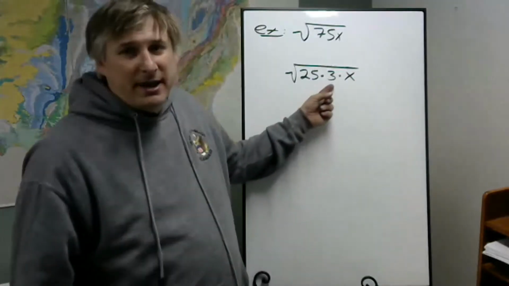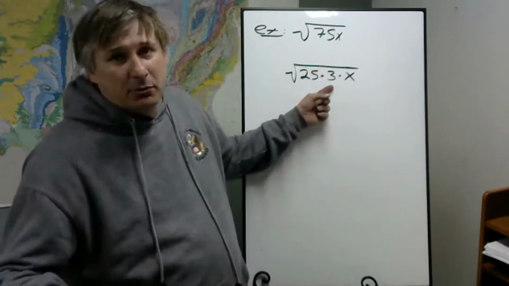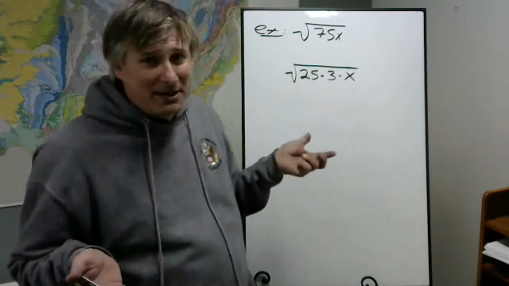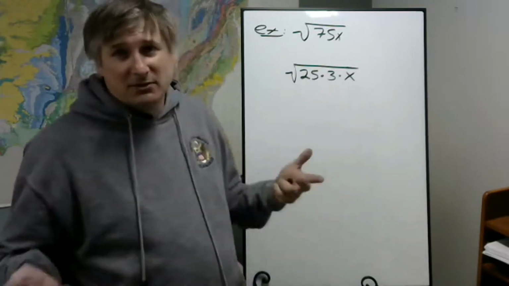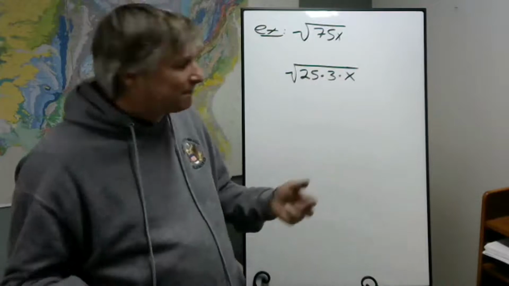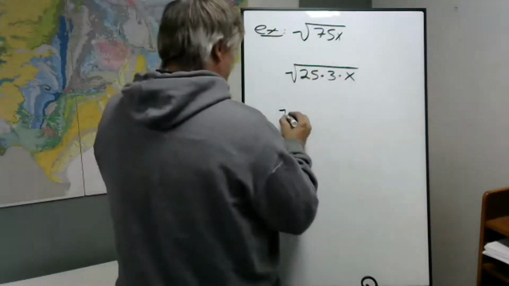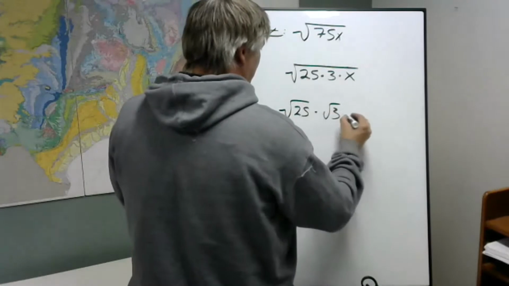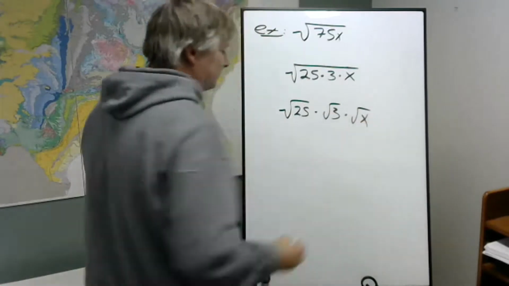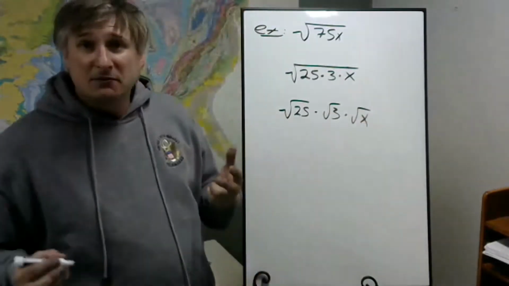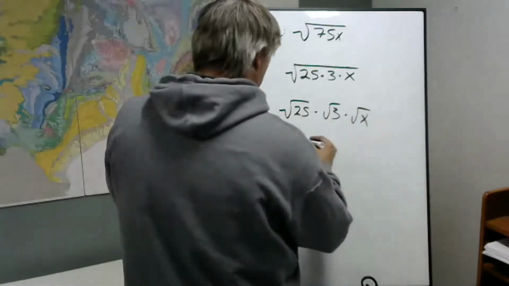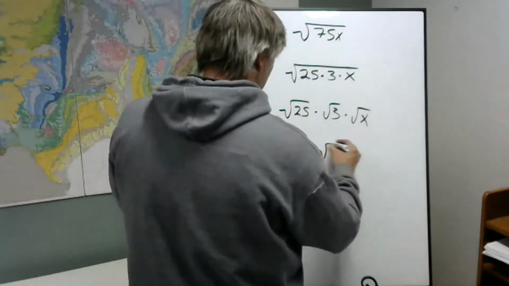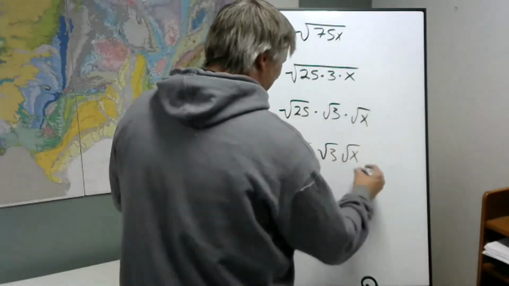Well, 3 is going to be an irrational square root. Can't say anything about x. And again, we're assuming that x is a positive number here, or 0. So we'll get square root 25, square root 3, square root x. Square root 25 is 5. So we'll get 5, square root 3, square root x.